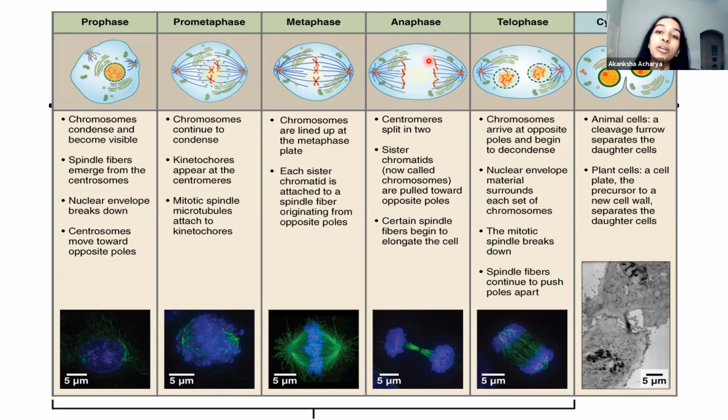So you have 3 chromosomes going to the right end, 3 chromosomes going towards the left end. Good stuff. So the centromere splits in 2, the sister chromatids, now called chromosomes, are pulled towards opposite poles, and the spindle fibers begin to elongate the cell.